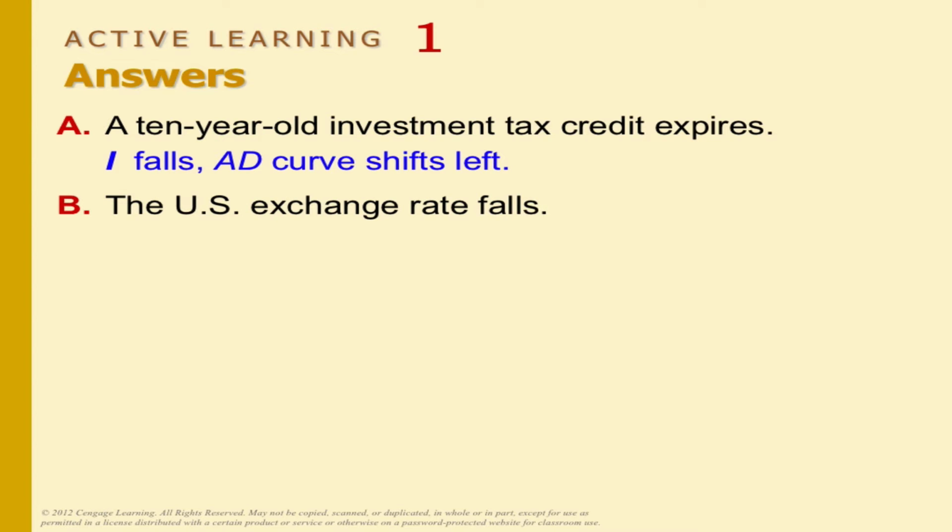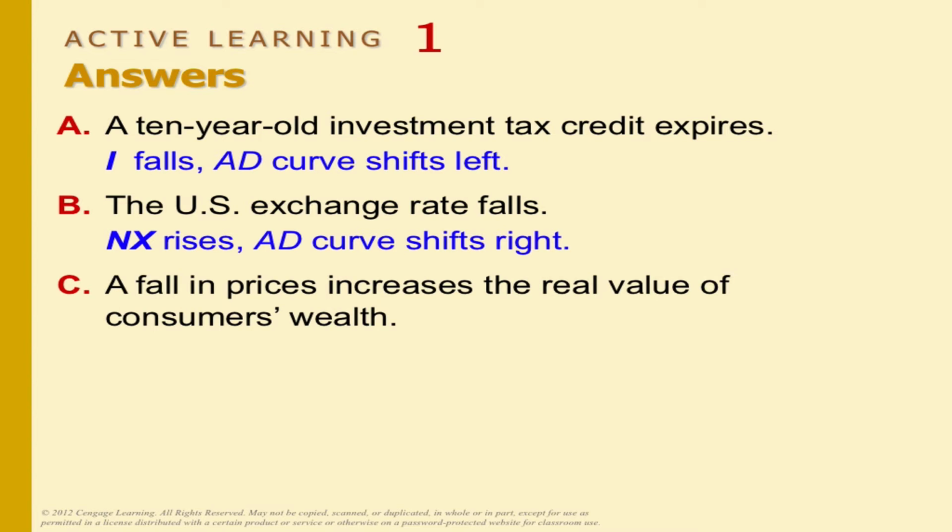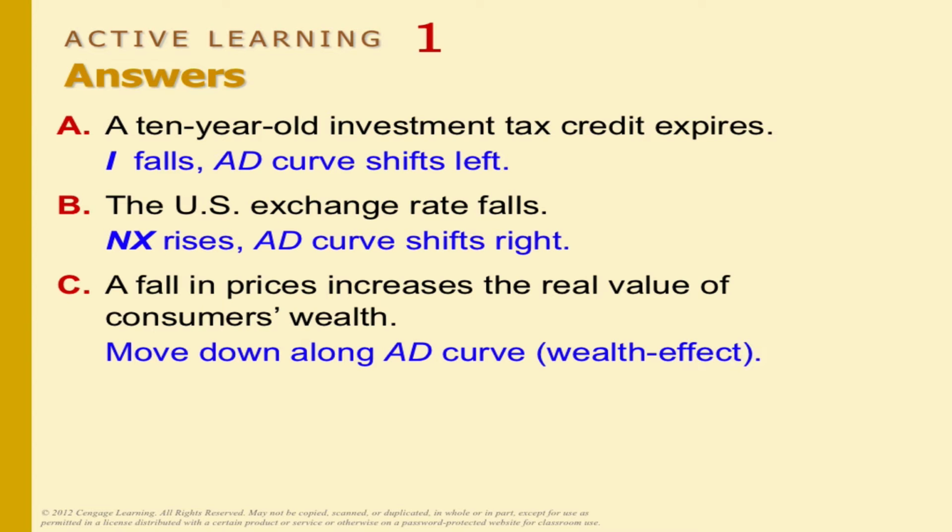What did we say on this one? If it goes right, why? Oh yeah. All right. What did we say? Consumption increases. It's a shift along the curve.